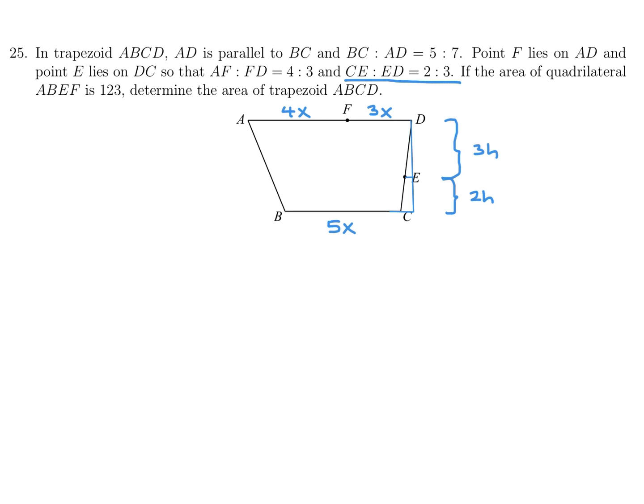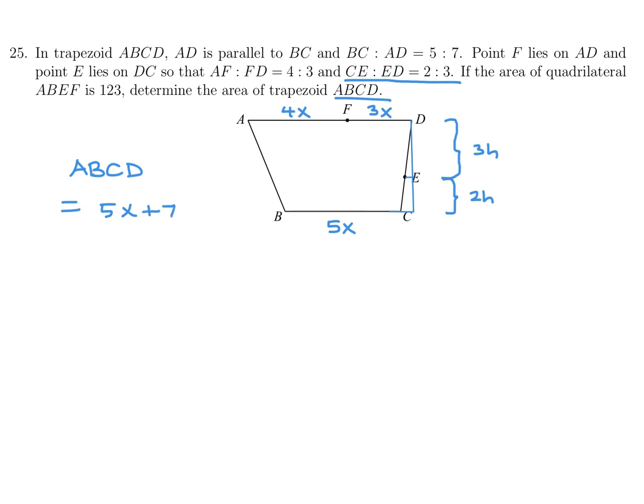Okay, so what are we trying to do here? ADBC is the same as ABCD, right? Okay, let's not make this complicated here. ABCD, that trapezoid. How do you figure out the area of a trapezoid? You take the top and the bottom, and then you add them.